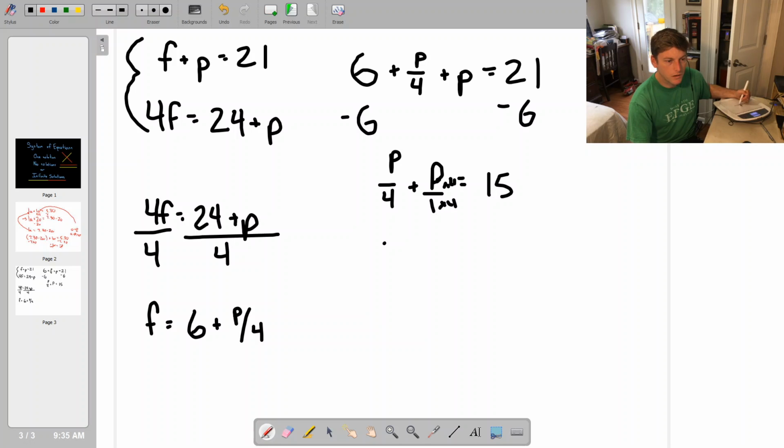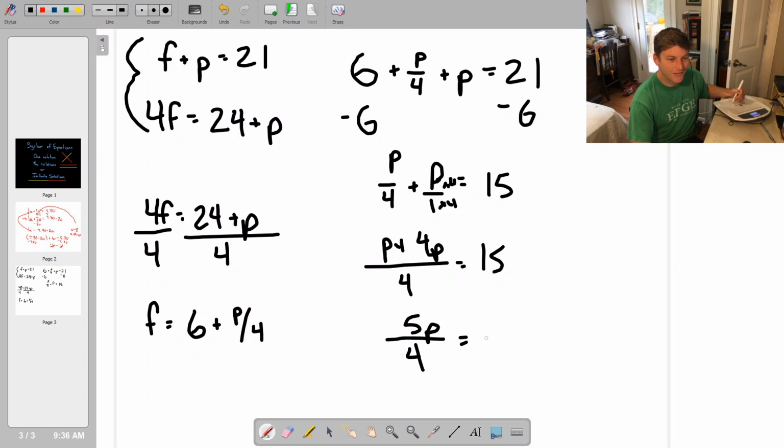That's really going to be P plus 4P over 4 equals 15. So that'll be 5P over 4 equals 15. How do I get rid of that? Divide, which is really multiply by the reciprocal. Yes, a lot of work, right? So then we have 5P equals 60.